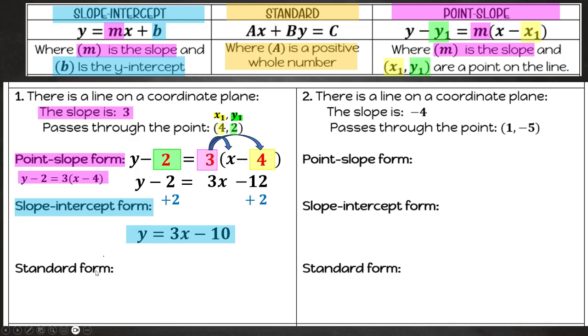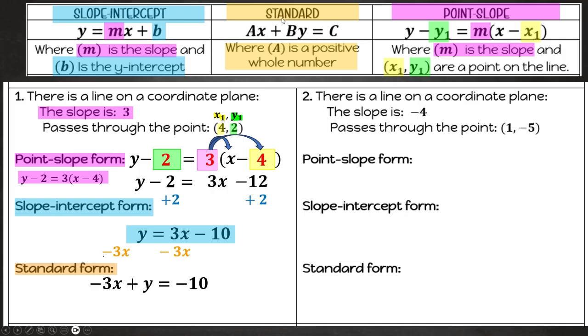Now finally, we're going to rearrange this to standard form. So we need to take this 3x and move it to the other side of the equal sign using inverse operations. So we would subtract 3x from both sides. And now we have negative 3x plus y is equal to negative 10.